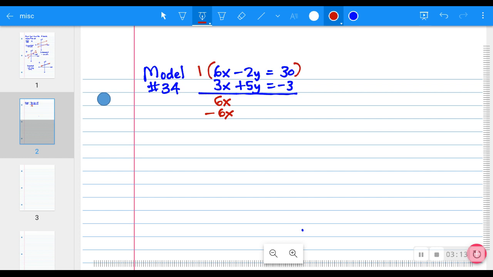In other words, it's good to go. The bottom line has to be multiplied by negative 2, which then takes us down to this line. Adding the lines eliminates the x.